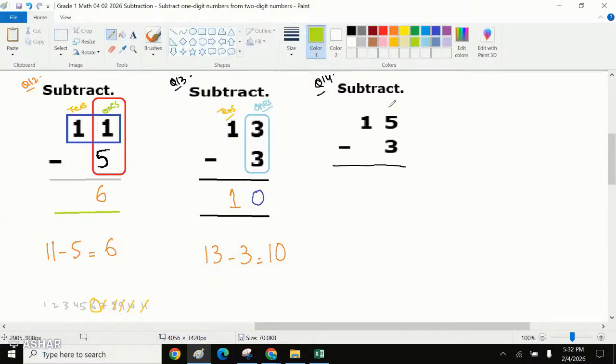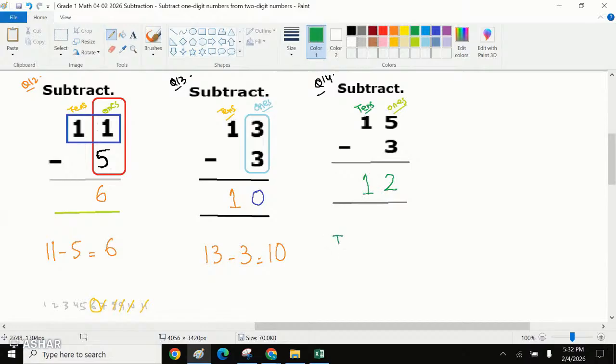This is the ones position, and we know that 5 is greater than 3. Then the subtraction is possible. So if we subtract 5 minus 3, it should be 2, and this was tens. There's a single number in tens, it should come out to be 1.